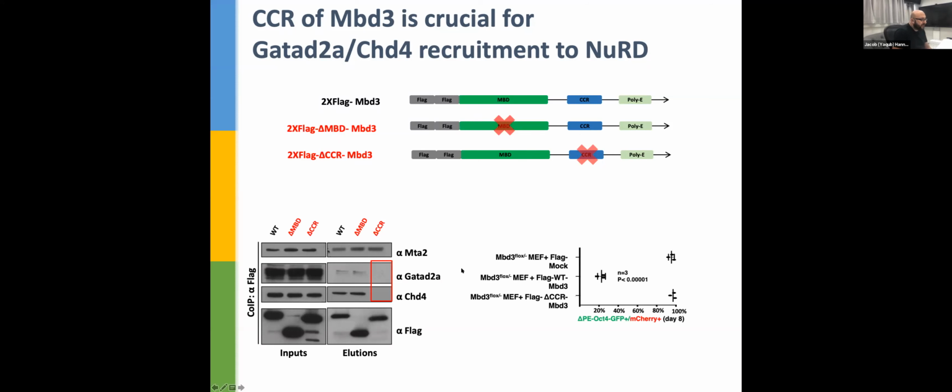And finally, we can rescue this by different mutants. You can see here that in the knockouts of Gatad2a, if you put in the wild type Mbd3, you can inhibit the reprogramming. But if you take Mbd3 that lacks this region, you can no longer inhibit this reprogramming.